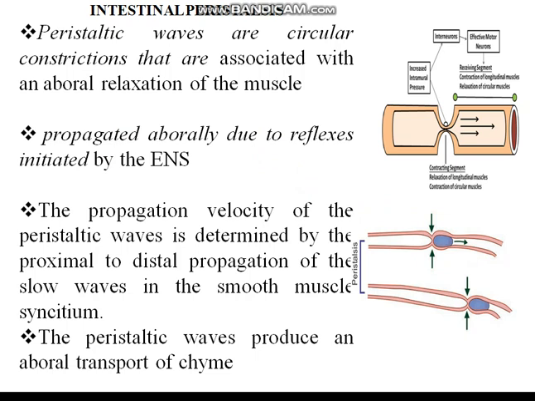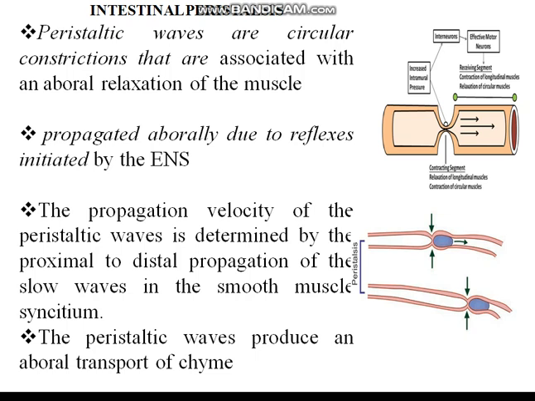The velocity of propagation of this peristaltic wave is determined by the proximal to distal propagation of the slow waves in the smooth muscle syncytium of the small intestine. The peristaltic waves, just like I said, function to ensure that the chyme is transported towards the colon.